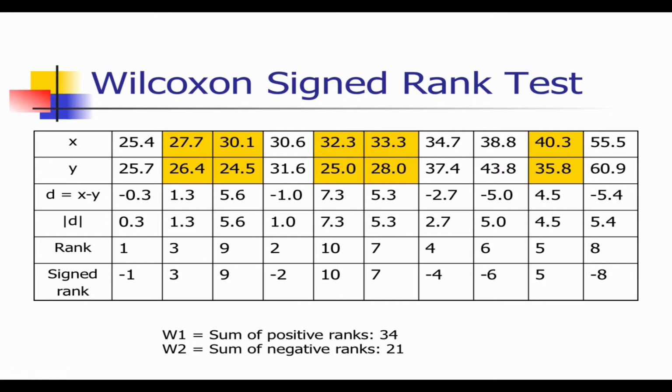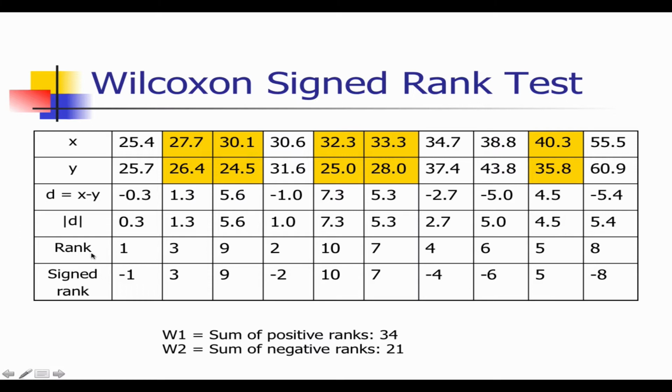Now, after you calculate this D, the next step is you get the absolute value of the difference. Essentially you ignore the sign, whether it's positive or negative, and you get the unsigned difference.